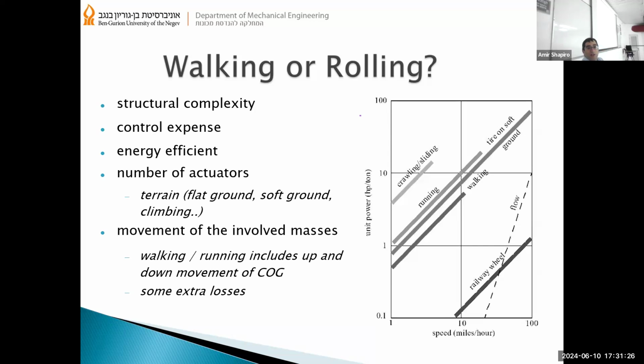Walking, running includes up and down movement of the center of gravity. So when we are walking, the center of gravity is doing something like an oscillating motion, and we need to take it up and down. So there's converting energy from potential energy to kinetic energy, and there are losses in this transition as well.